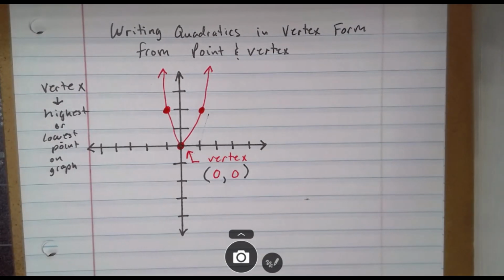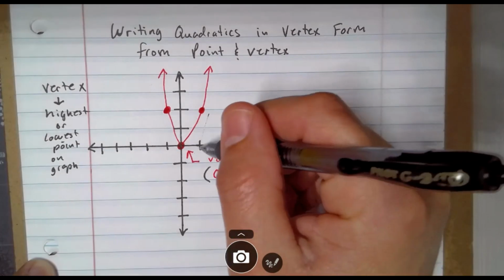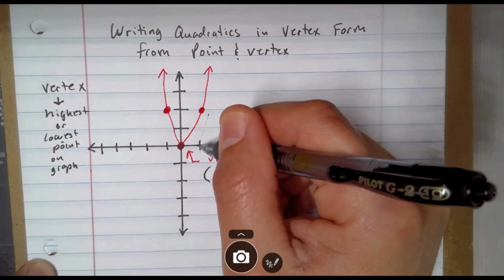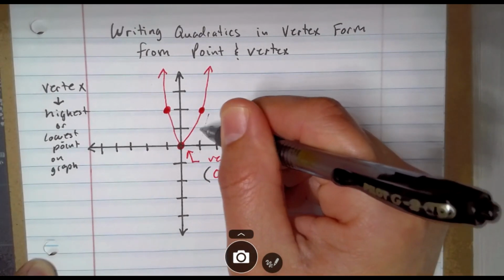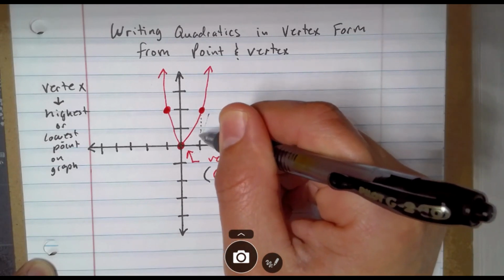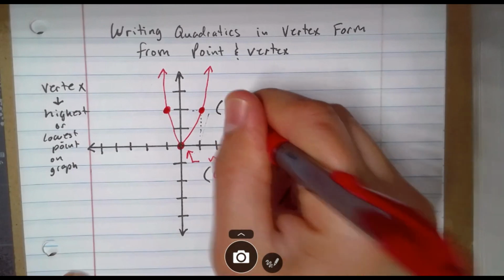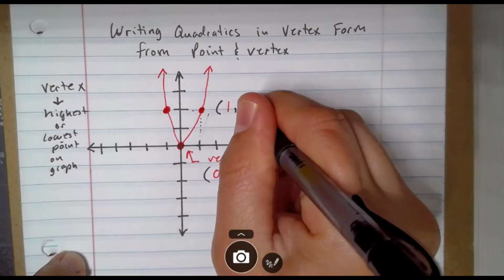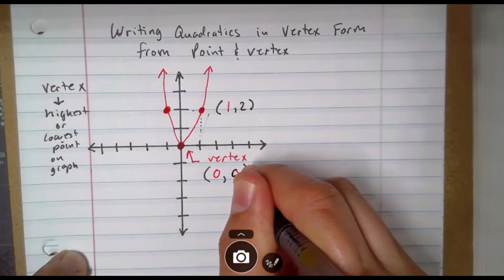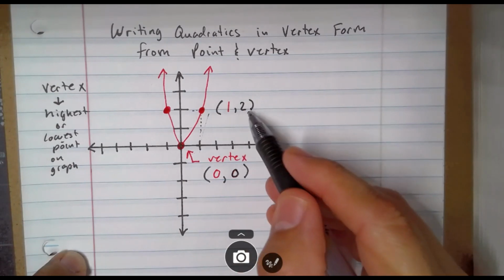Now, we got the vertex labeled. We need to label one point. I'm going to stick with the positive numbers. I like positive numbers. Going over from the origin is 1, and then I go up 2. In other words, that point is 1, 2. That's my x value, that's my y value.